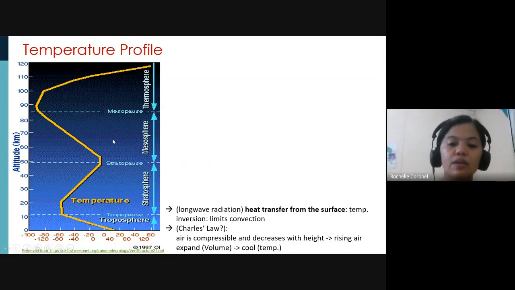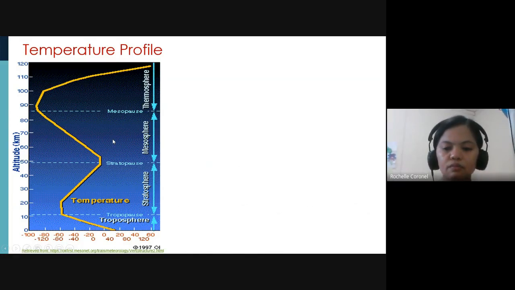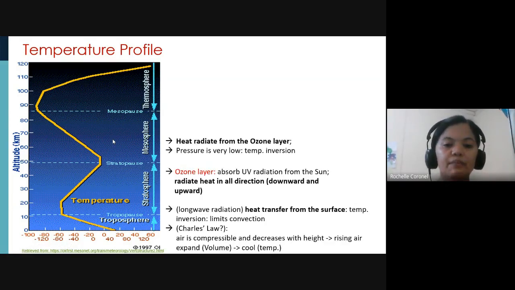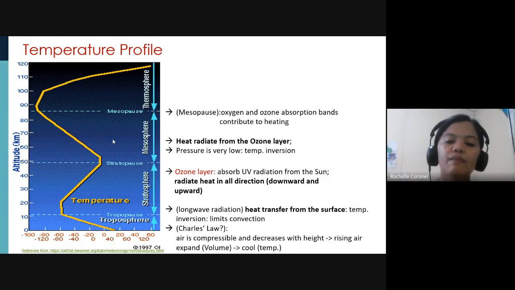That's why the mesosphere is also affected by this ozone layer. So the heat is radiated from down the mesosphere, and also the pressure there is very low. The air is also very thin, so the ability of the atoms or molecules to transfer the heat is quite weak in this sphere.